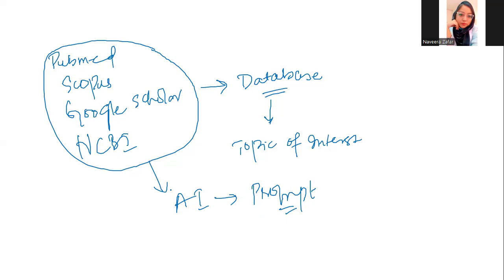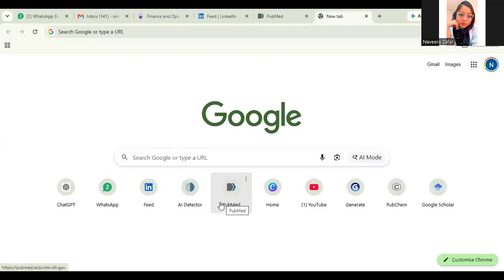You cannot write the whole review from the AI, because that is something different. But what help you can seek from the AI is to ask for more databases other than these. So let's go to the AI and see how we can give the relevant prompts.